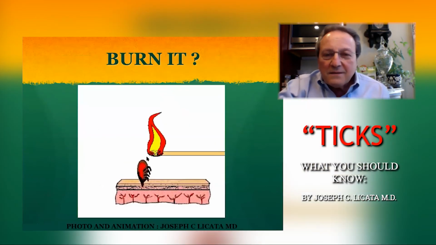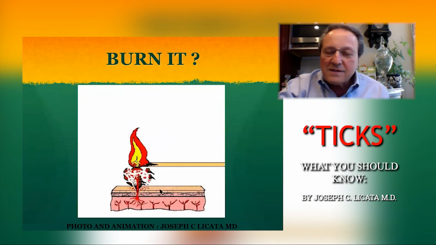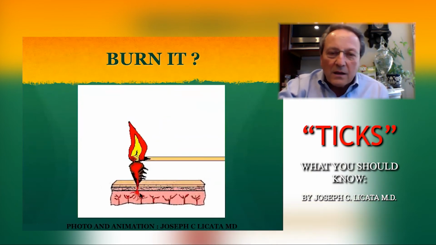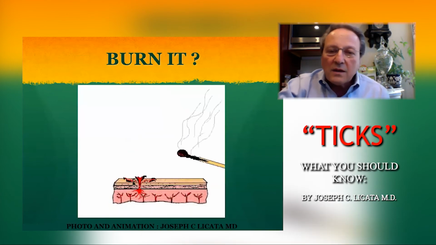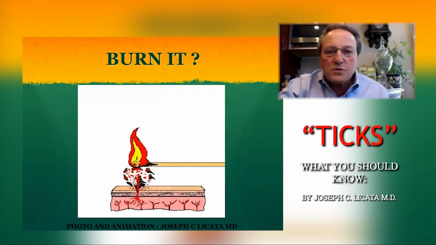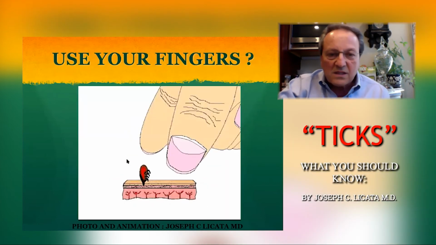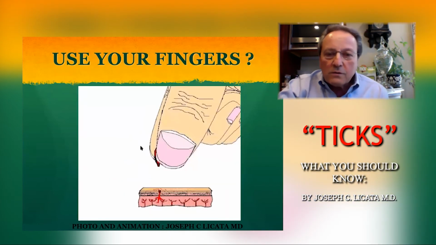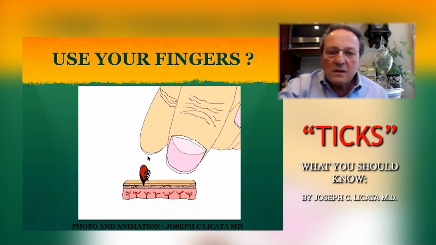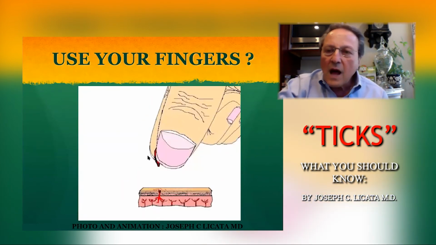Well, using a match doesn't look like a very appropriate thing to do because an engorged tick with heat applied to it can burst and spread even more disease. If you use your fingers, these ticks are pretty small. Think of the tick as a little eyedropper.